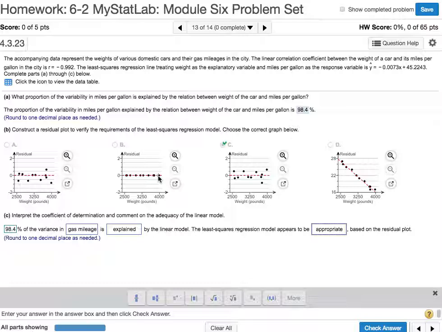This is about the smaller the distance is between this, the smaller the residuals are, the better the standard error of the line. The smaller the errors are, the better the fit. So this looks pretty good to me.